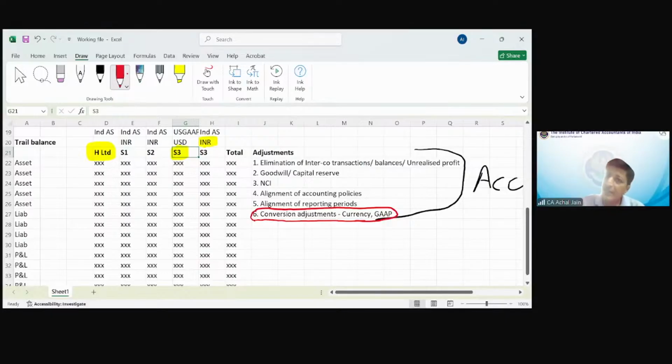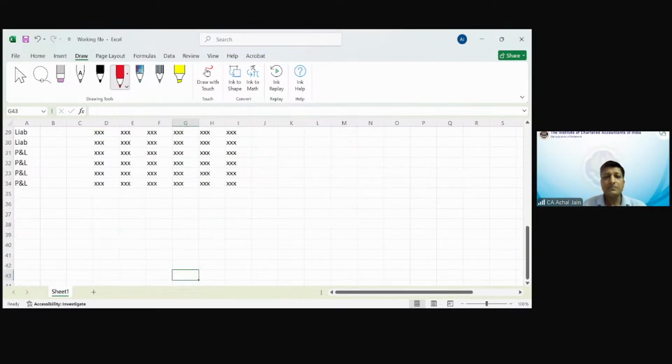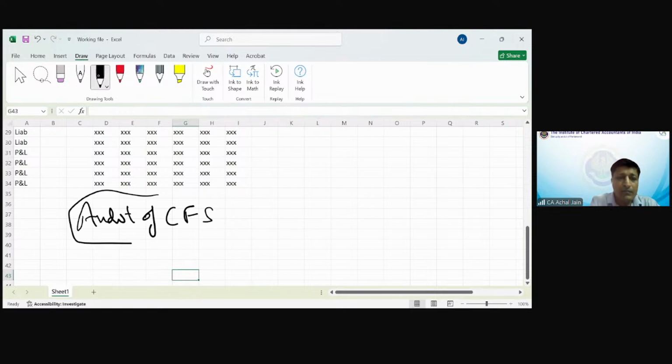Yes or no? So let me just write one point: when it comes to audit of CFS, what is going to be our step one?